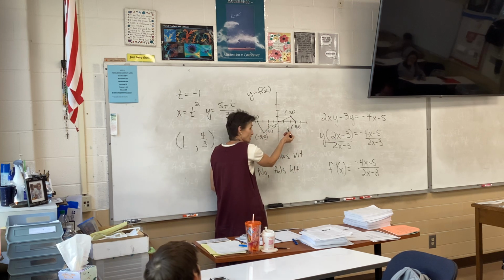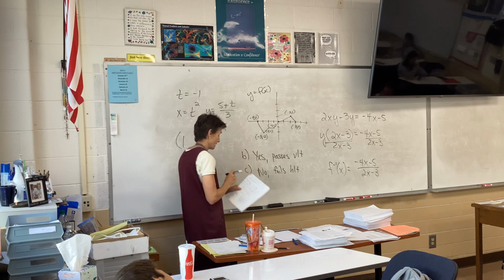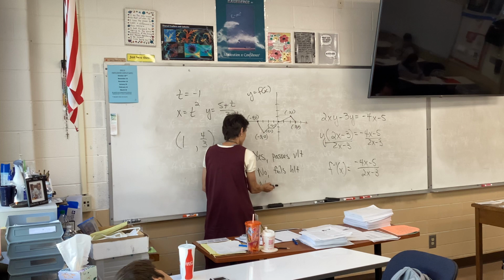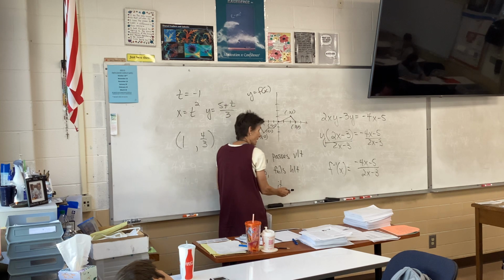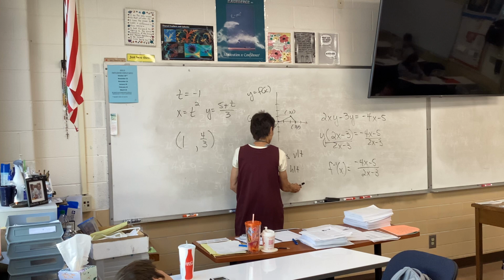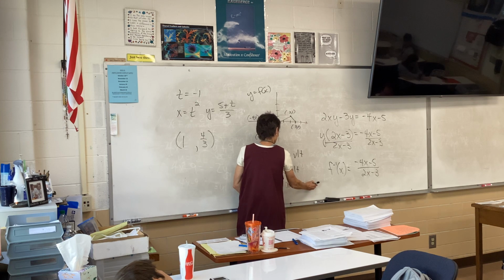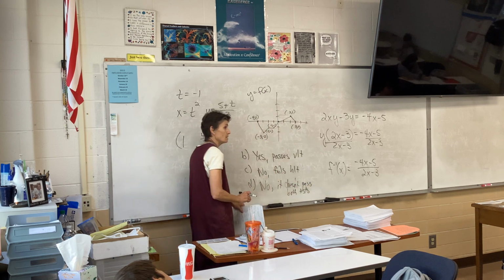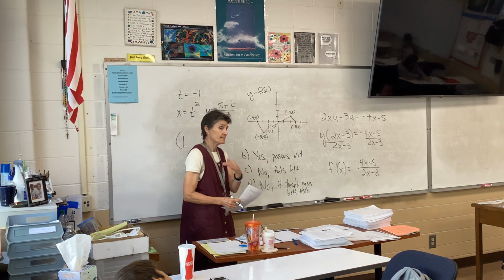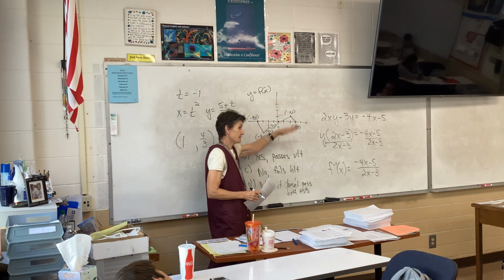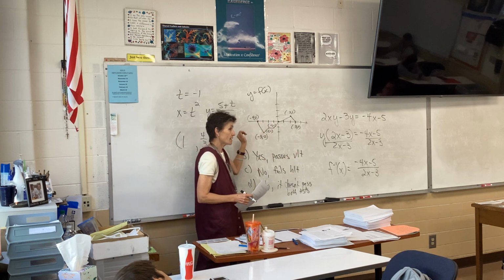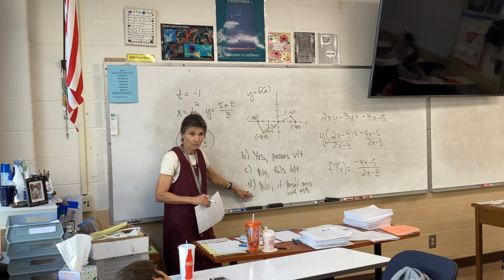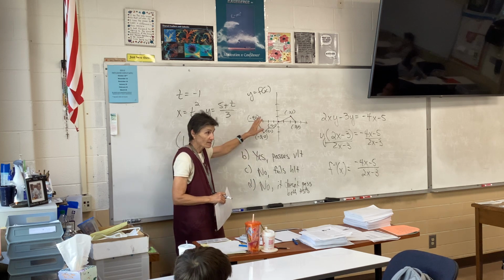Doesn't it fail if you draw across there? So is it 1-to-1? No, because if it's 1-to-1, it has to pass both tests, and this one doesn't pass both tests. So B, C, and D are easy. Vertical line test, good. Horizontal line test, no. Therefore, not 1-to-1 because you didn't pass both. Do you understand that part of it?